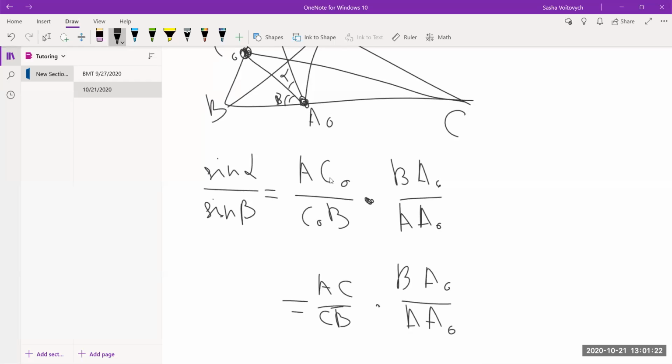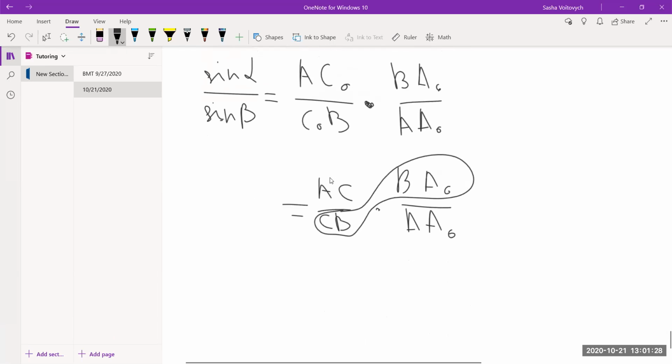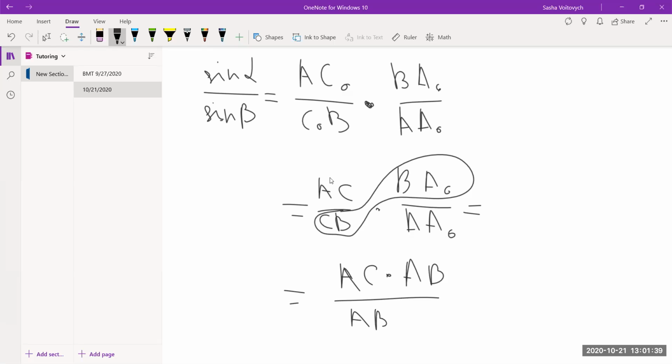So again, similarly to what we had before, we have this ratio BA0 over CB, which can be expressed as AB over AB plus AC.